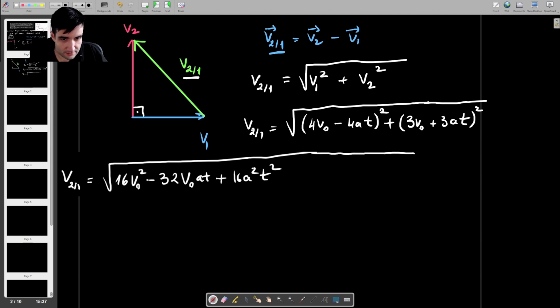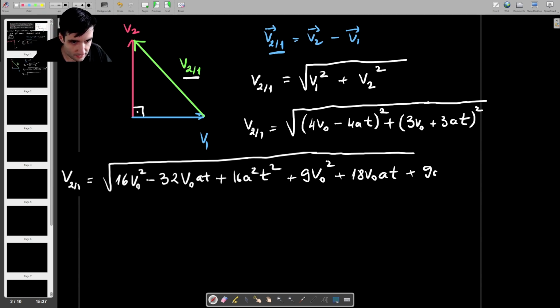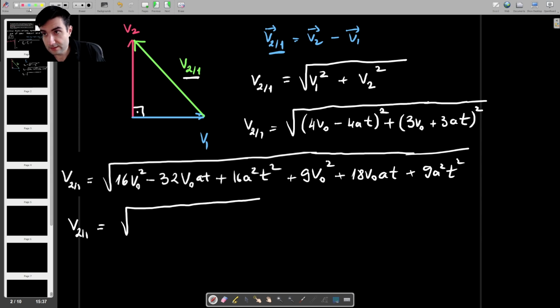So let's add the second bracket that we also expand. So this is 9v0 squared plus, this is 6 times 3, so that's 18 v0 at, and then plus 9a squared t squared. Okay, so the relative velocity with respect to time is, we can add 16 and 9 and we get 25 v0 squared.